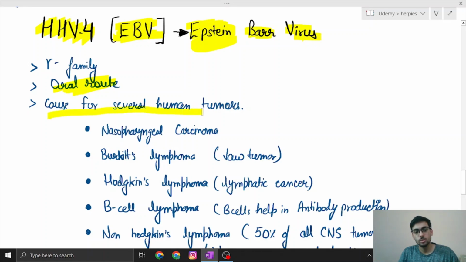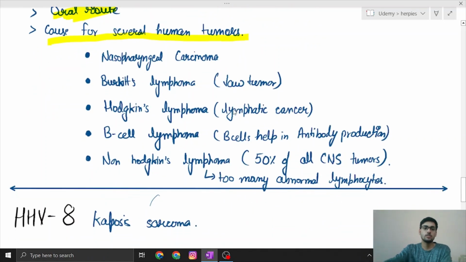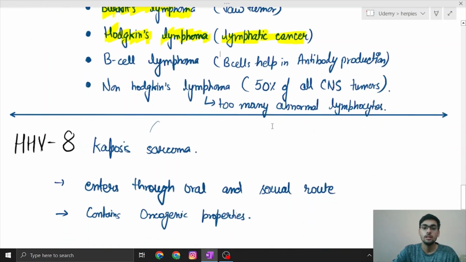It is the cause of several human tumors like nasopharyngeal carcinoma, a kind of cancer of the nose and pharynx. Then comes Burkitt's lymphoma, which is a jaw tumor. Then Hodgkin's lymphoma, which is a lymphatic system cancer. We have the lymphatic system as our immunity system, and it can affect that also.